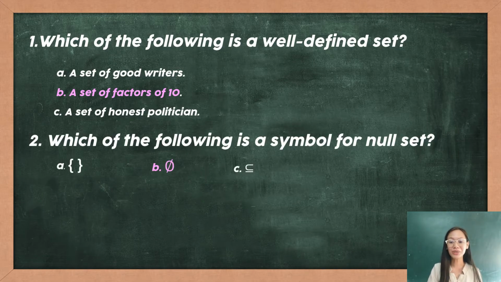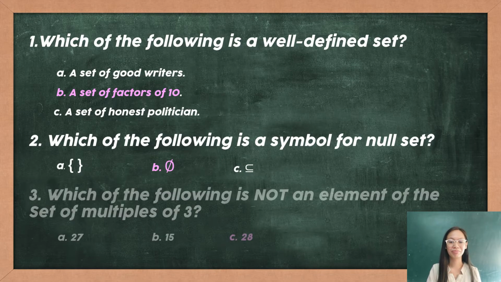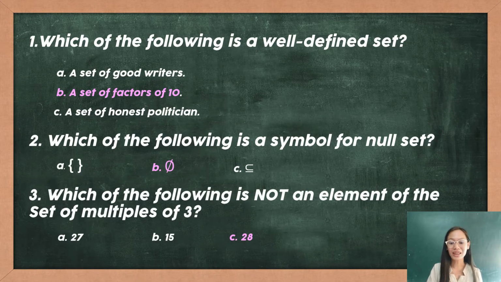On number 2, the symbol for null set is letter B because letter A, this is braces, and letter C, that is a symbol for the subset. And number 3, 28 is not an element of set of multiples of 3. Only 27 and 15 are its multiples.